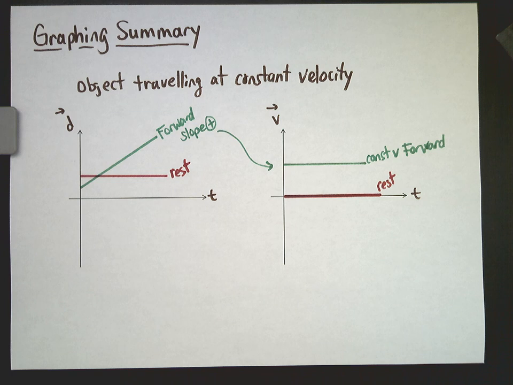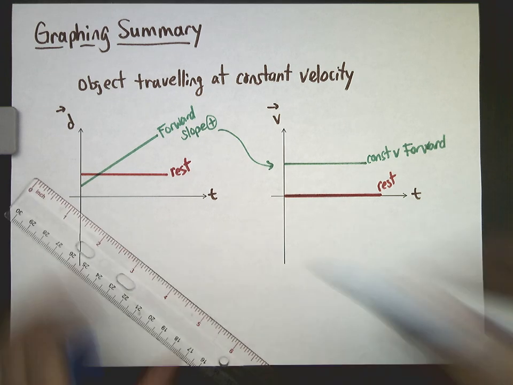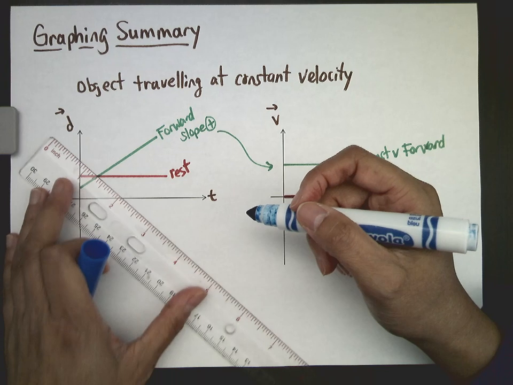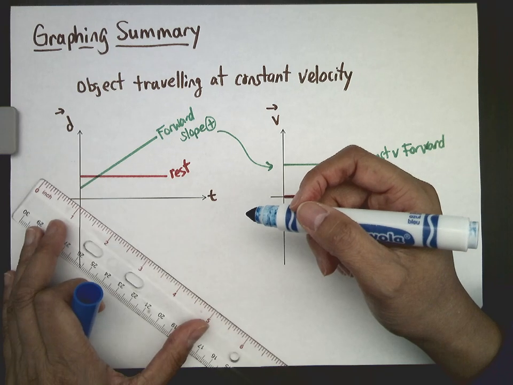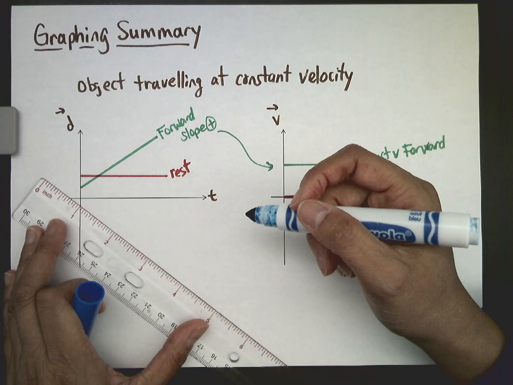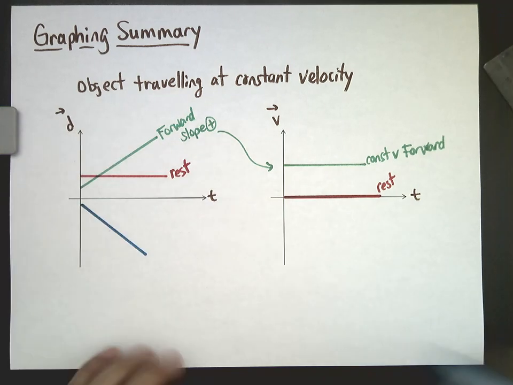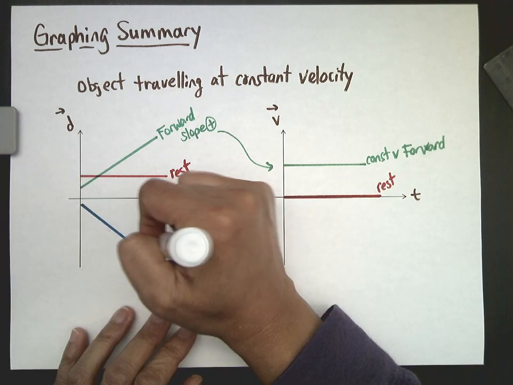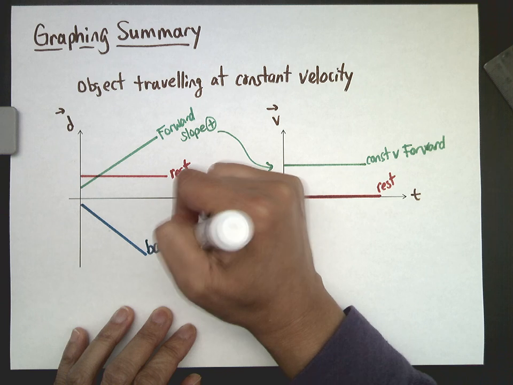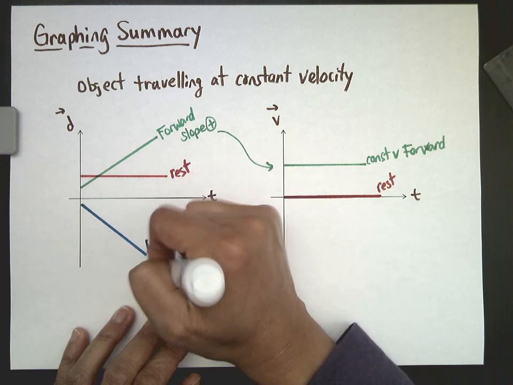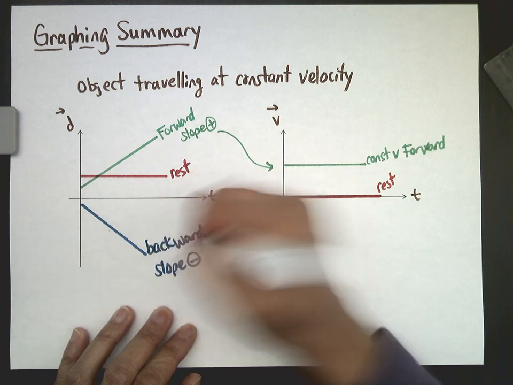Now, if we want to go backwards, it would look like this. And it could start anywhere, up there, up there. It doesn't matter where the start position is. Remember, it's the shape. The shape is going to be a negative slope, like so. And so this here is heading backwards or the opposite direction. And the slope in this case is negative.